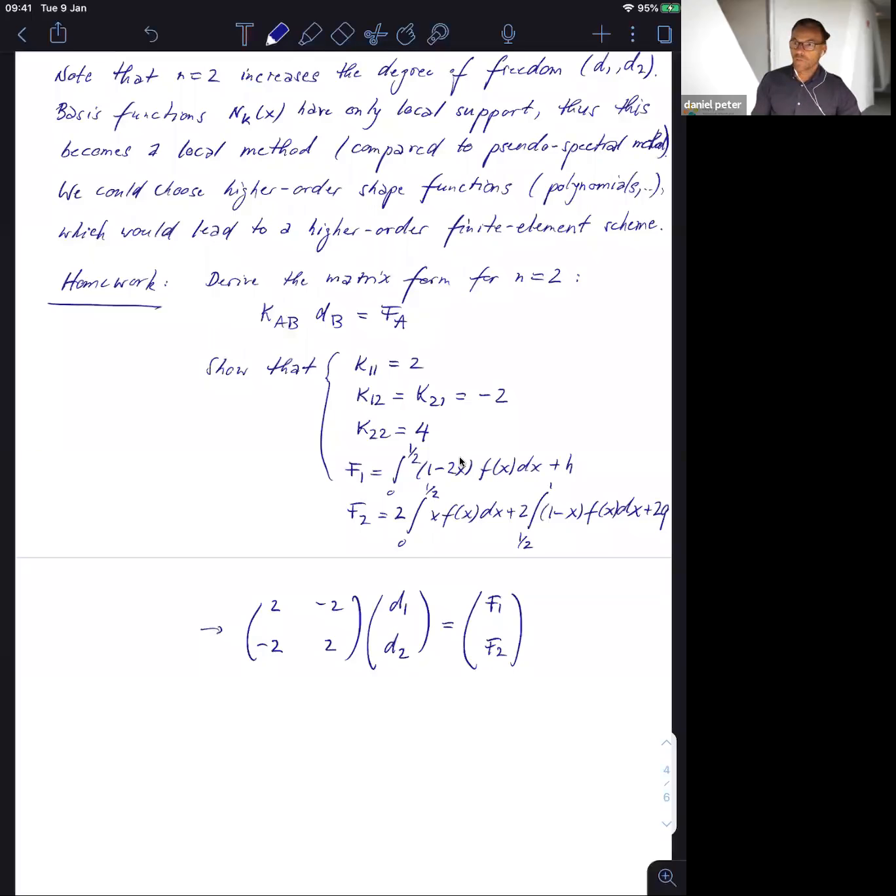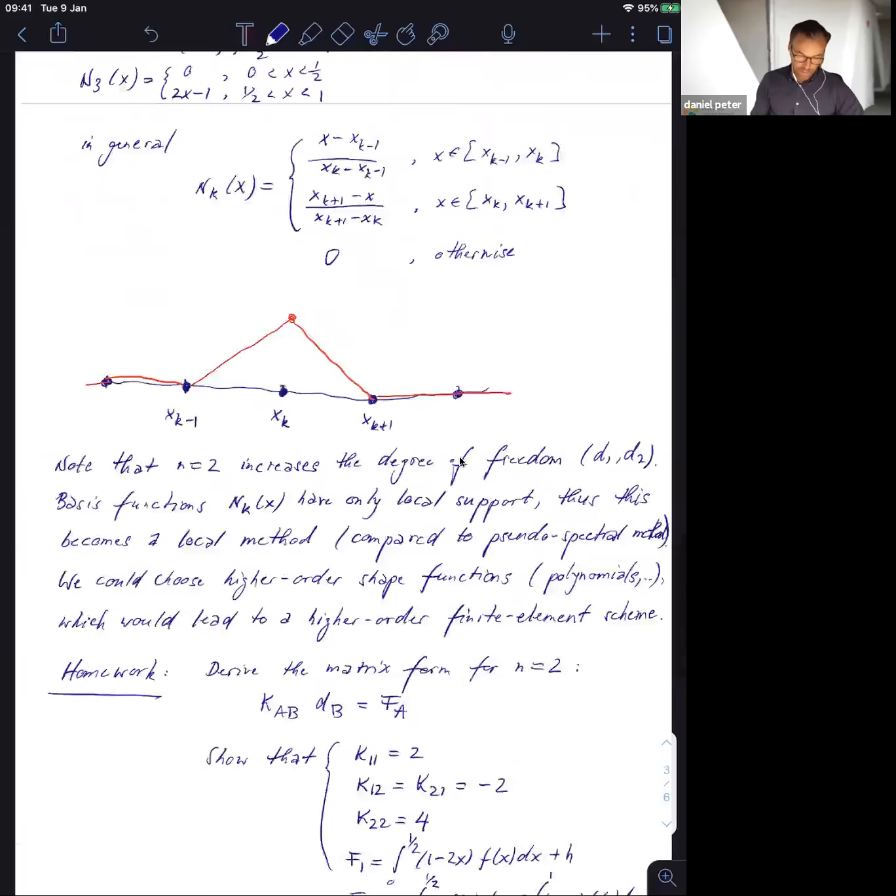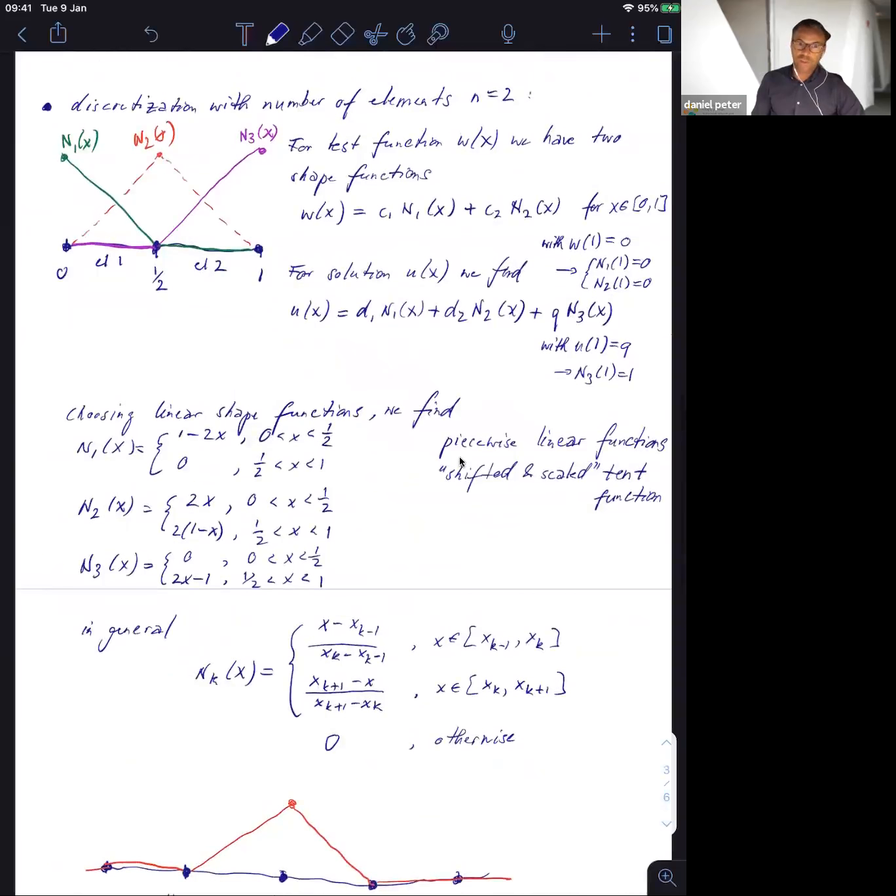So we have 10, 15 minutes more. So let's start with the mapping, global and local mapping. So in this example, you saw we just chose the elements such that they have the same length, 1/2.